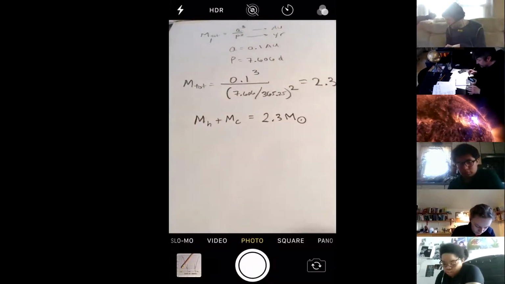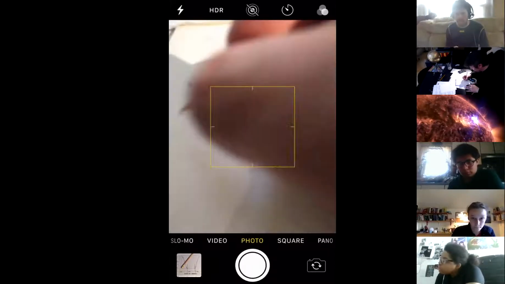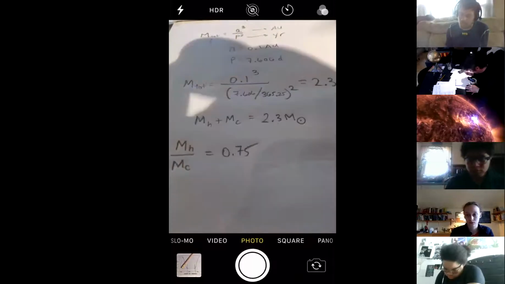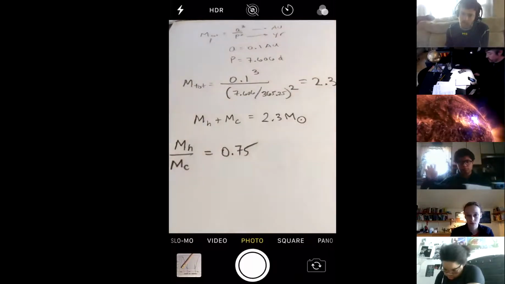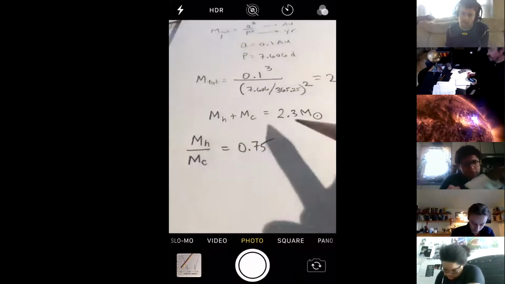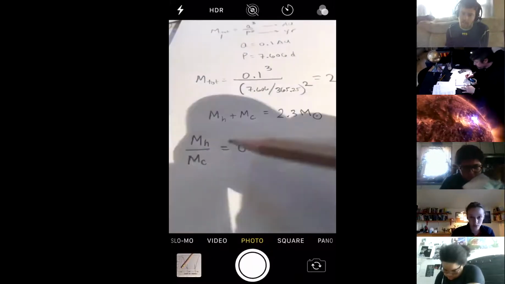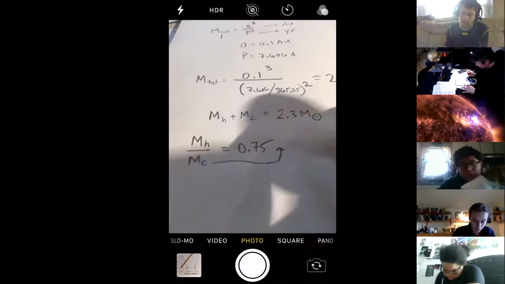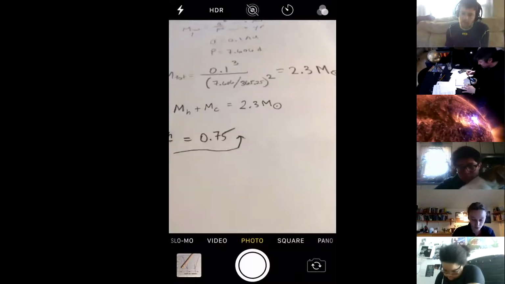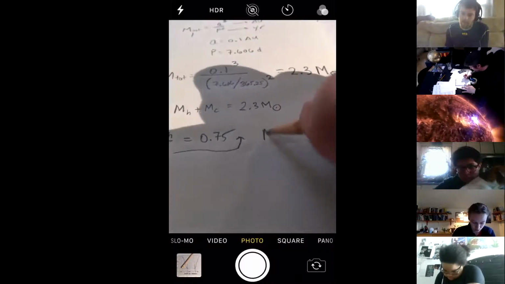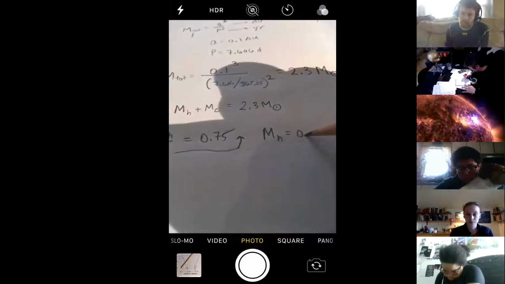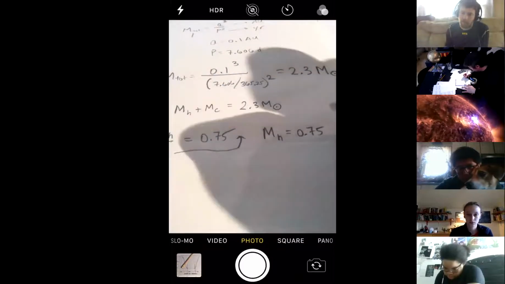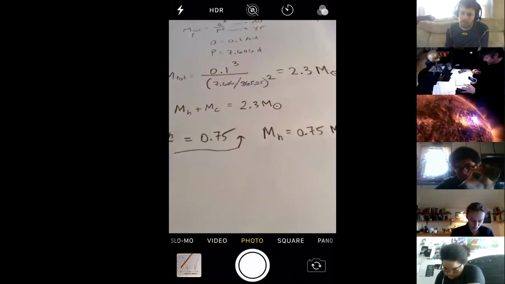But I also worked out earlier in my mass ratio that the mass of the hot star divided by the mass of the cold star is 0.75, so the hot star is 75% of the cold star. The first thing to do is to multiply MC up there to get MH is 0.75, 75% of the cold star.